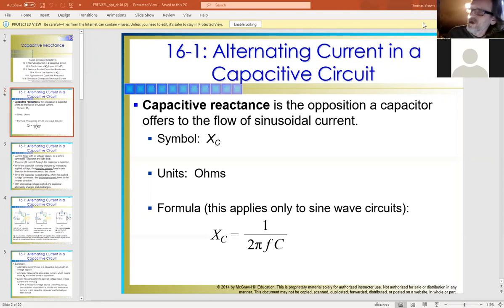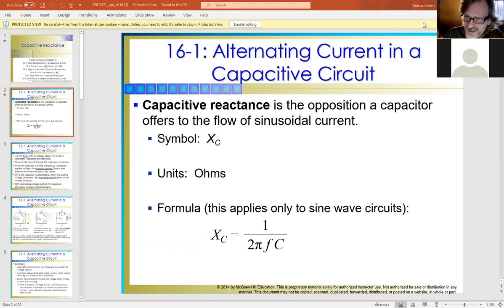Think along the lines of resistance. Resistance was a direct opposition to DC, and it's the same with AC. But capacitors didn't offer any resistive elements in a DC environment. The capacitor simply charges up to the full potential of whatever energy source we're applying to it.